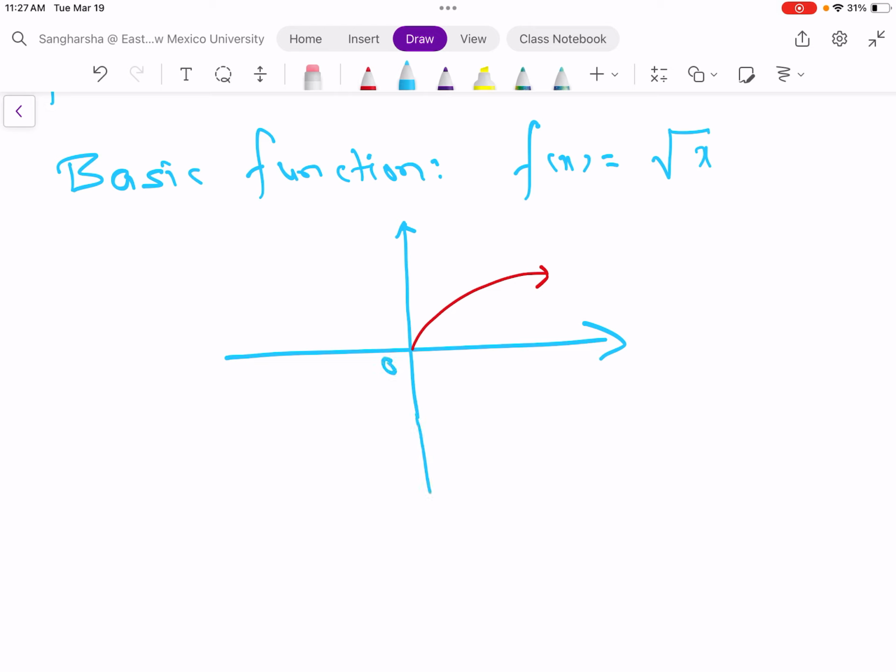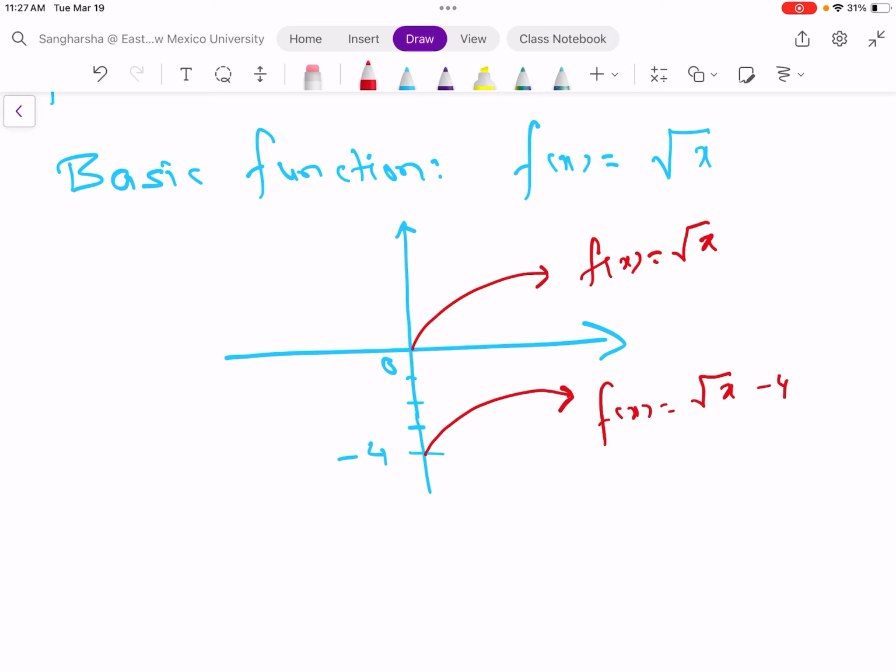So this is 0, negative 1, negative 2, negative 3, negative 4. We draw a similar graph from negative 4. And this is our f of x equals square root of x minus 4, and this is our f of x equals square root of x.